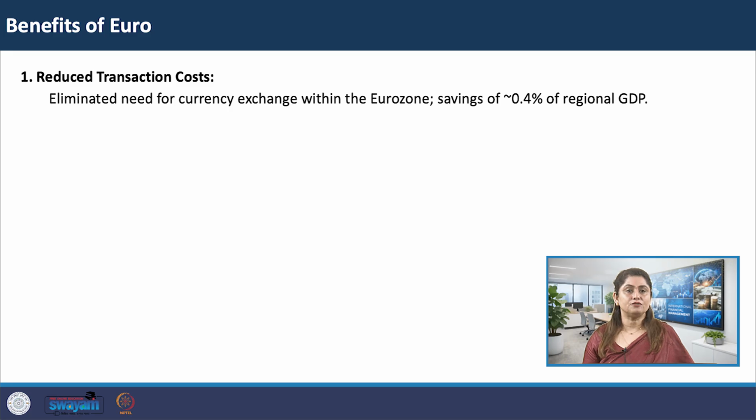A transaction from Germany to Italy is now as simple as a transaction from one German state to another. The money flows instantaneously with no conversion cost. Before the euro, if a German company signed a contract with an Italian firm for delivery and payment in 12 months, there was exchange rate risk.